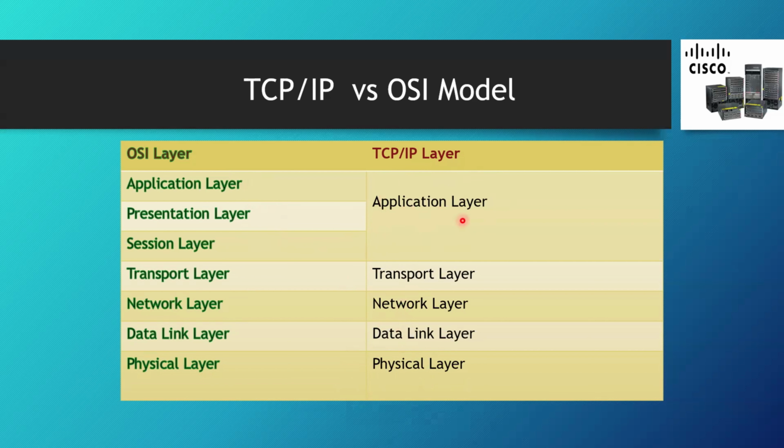So the OSI model has 7 different layers, and TCP/IP has 5 different layers. You can see that we number the layers from bottom to top. There's a reason behind that, but we're going to discuss these things in detail.